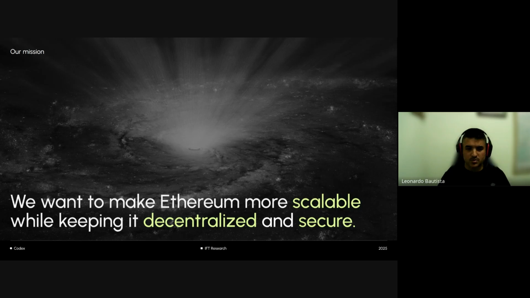Of course you want to have a blockchain that is secure, otherwise it's completely useless, right? If anybody can cheat the system or introduce fake transactions, then the whole idea is not interesting. But it's also important to keep decentralization. This one is a little bit more subtle and also difficult, because what we want is to reach a level where the network can handle maybe 3 orders of magnitude more transactions than what we can today.